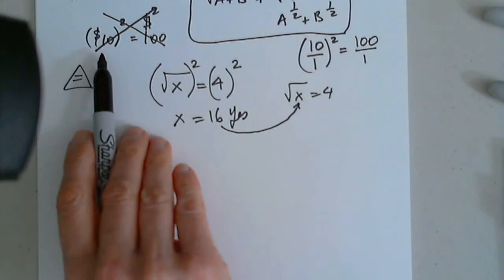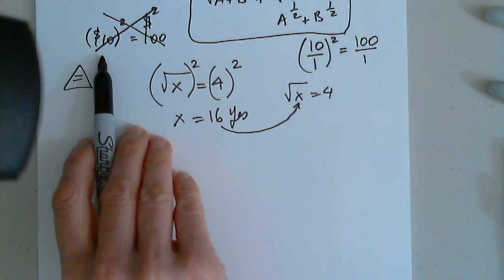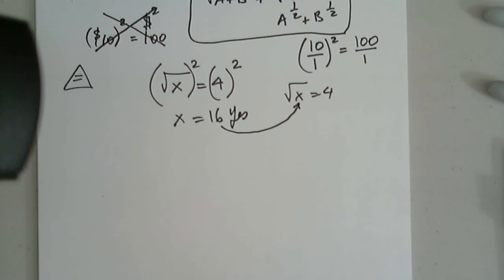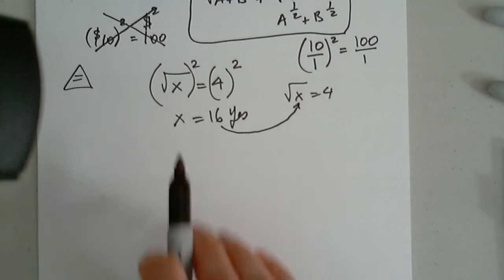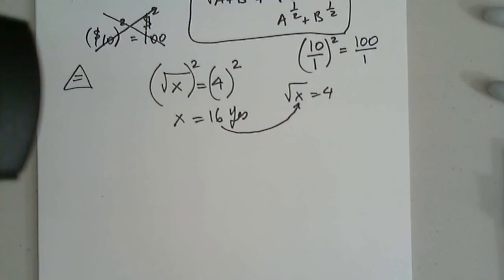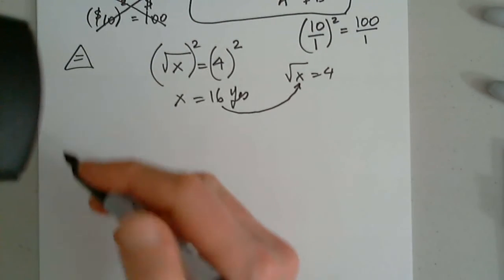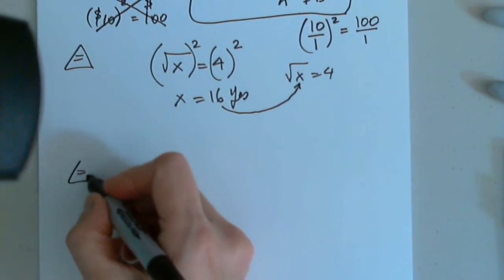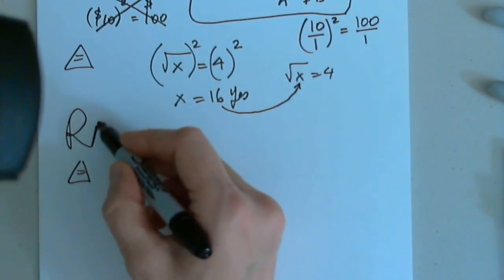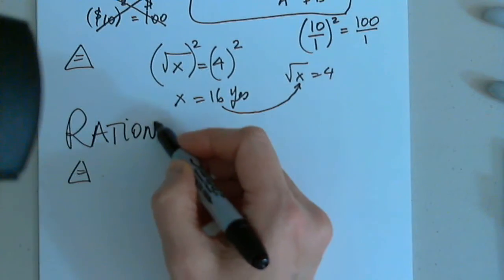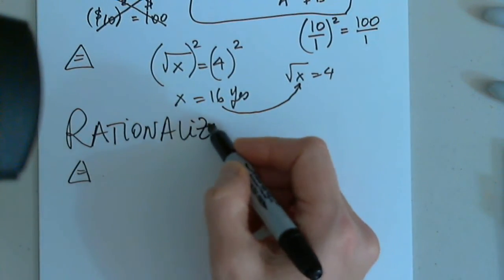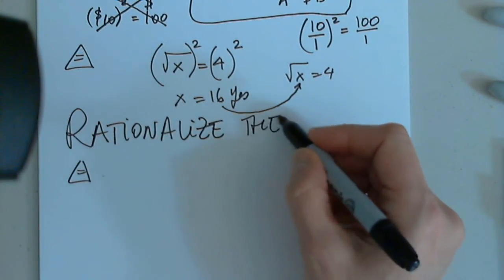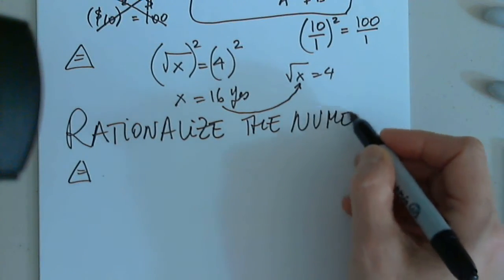It's like I have $10 in my pocket, I decide to square it, and I look at my pocket and I still have 10. We can square both sides of an equation, but in a fraction, we cannot do that. So what we do is rationalize the numerator.